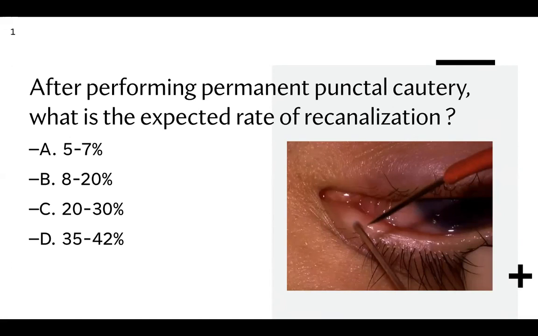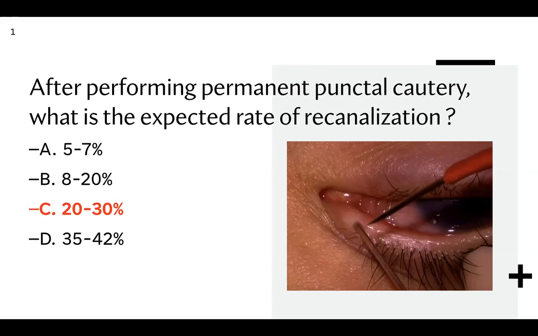Sai, has the timer begun? Yeah, 9 seconds, 8 seconds. I have logged in through the second device. 4 seconds left. All right. Time is up. So with that, the time is up, and the correct answer is 20 to 30%.